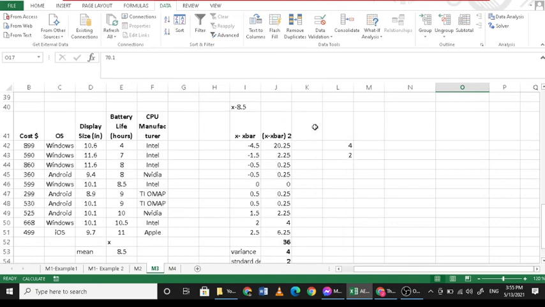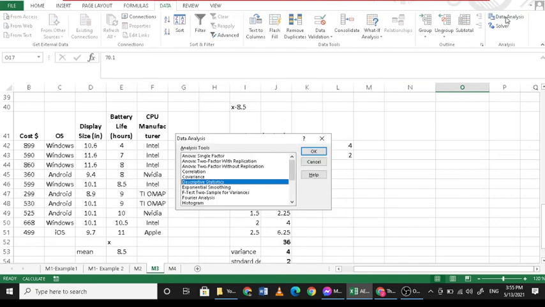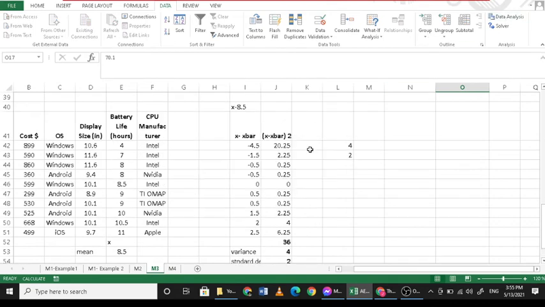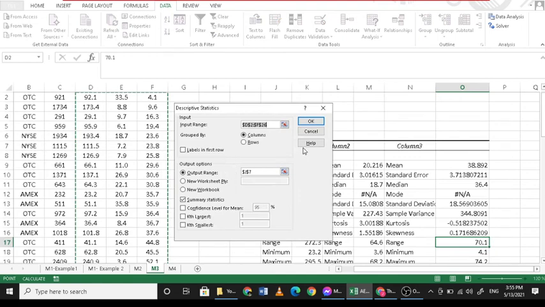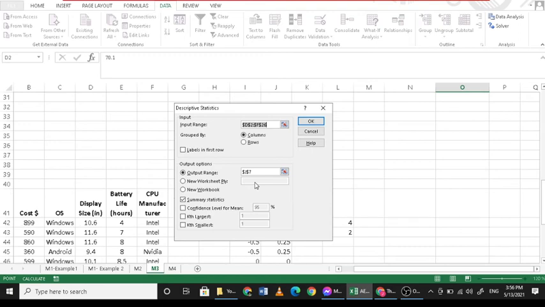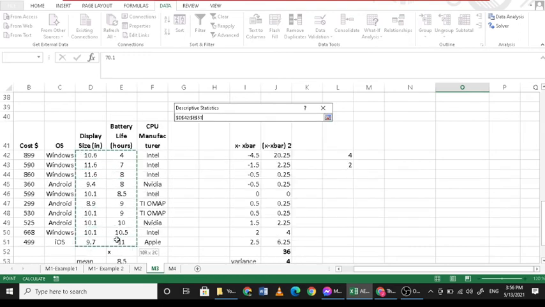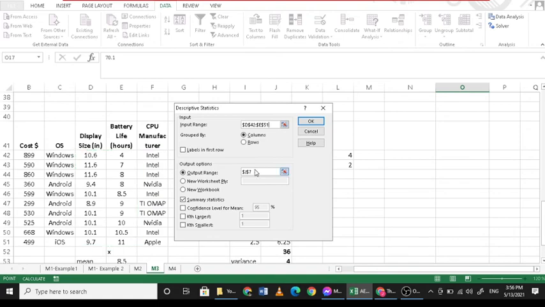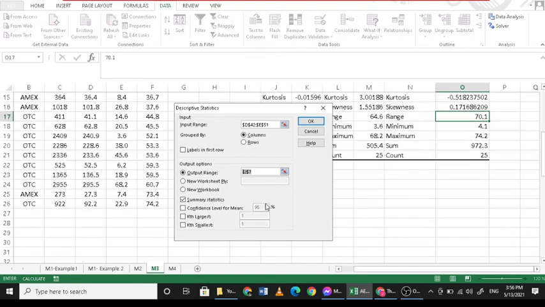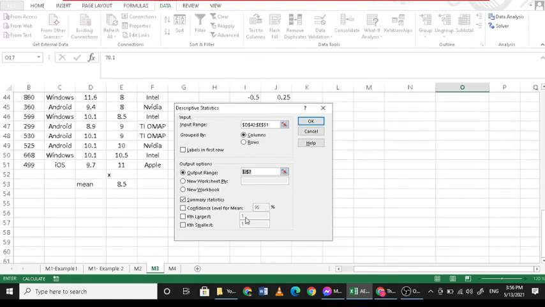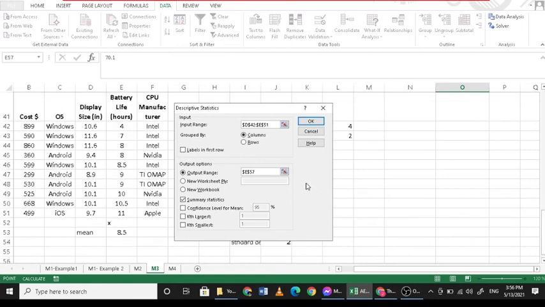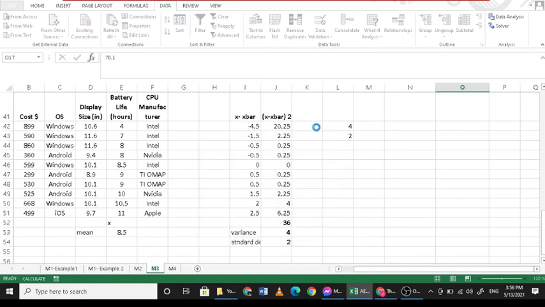Again, that's Data Analysis, Descriptive Statistics, for the battery life. Then for the input, let's select it here and click okay.